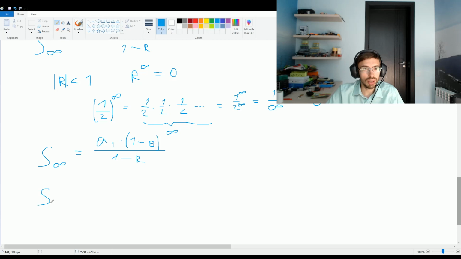So let's calculate the sum to infinity. a is 1 because the first ordered 1 cup of beer, times 1 minus 0 is 1, and over 1 minus 1/2. Therefore, it will be 1 over 1/2, and it will be 2. So 2 is our final answer, and this will be the sum to infinity.